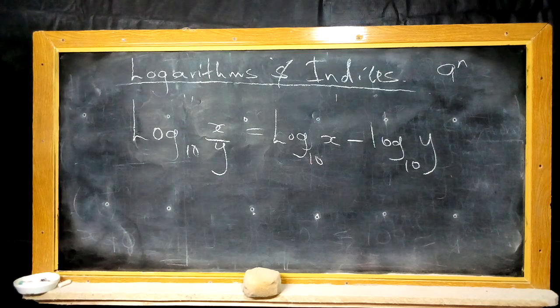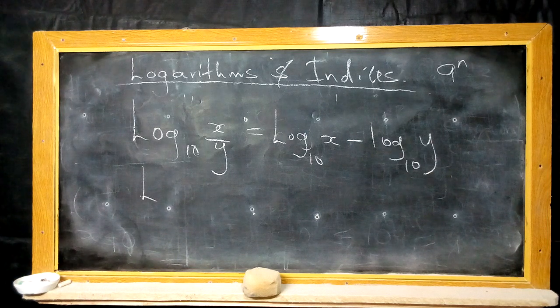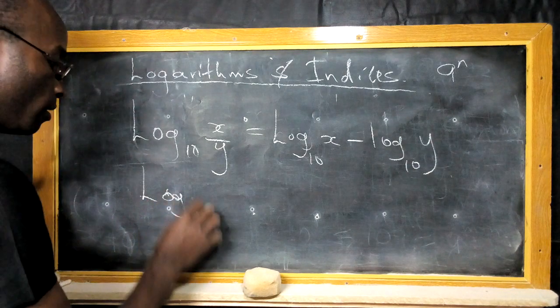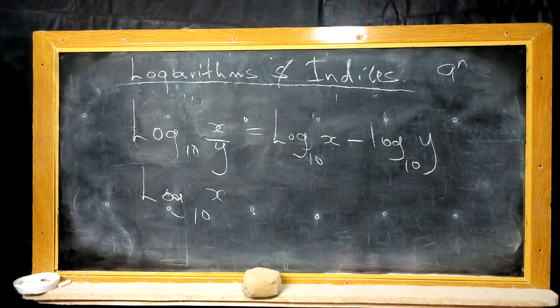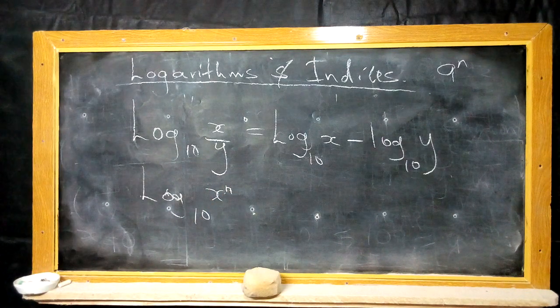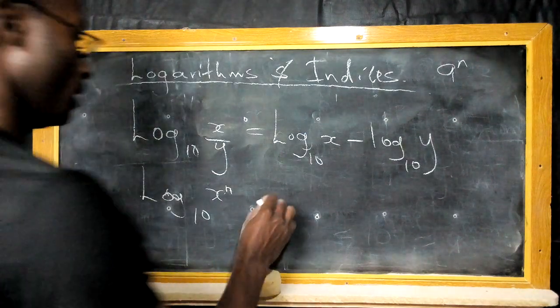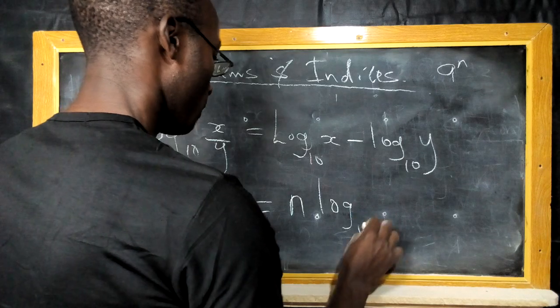And lastly, if we are given a power, which is log to base 10 of x raised to power n, then we are going to have it simplified to n log to base 10 of x.